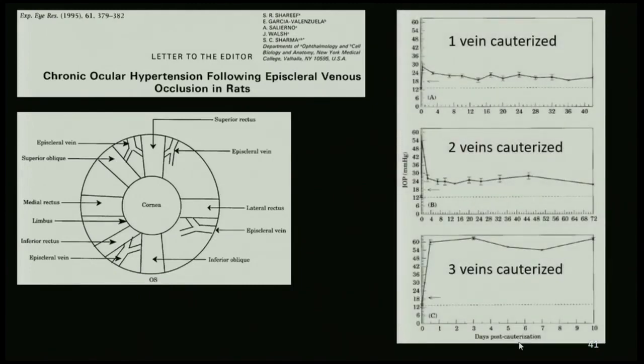They were able to show IOP elevation with 1, 2, or 3 vein cautery, but again, you can see this huge spike in IOP when they cauterize 3 veins. And again, I would argue that if you're cauterizing vortex veins, that might be the reason why this pressure was so significantly elevated. You're just causing ocular congestion of the entire globe.